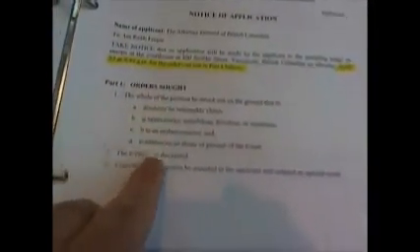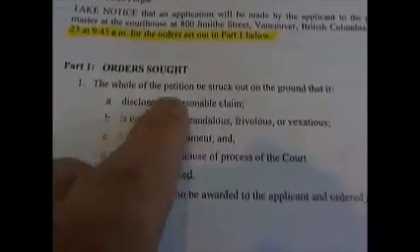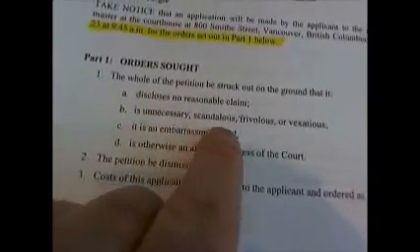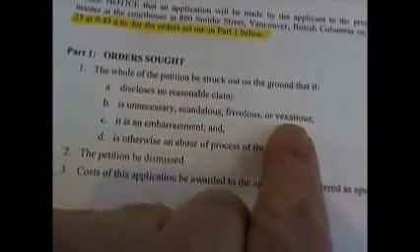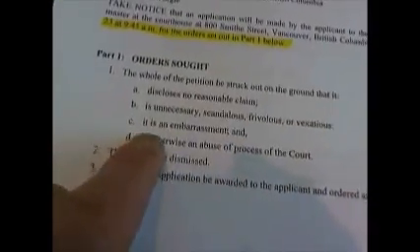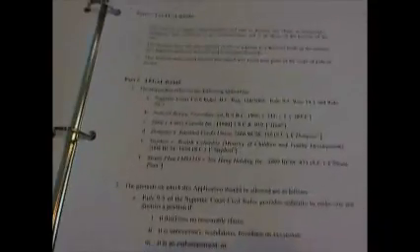So part 1 would be the order sought, and this is what I was trying to show you. See, the whole petition, they say the whole petition be struck on the grounds that it discloses no reasonable claim, is unnecessary, scandalous, frivolous, and vexatious. Pardon me. And is an embarrassment and otherwise an abuse of the due process of the court. Now, that's what you're really looking to do. Then the factual basis of why it should be, you know, why you went in.